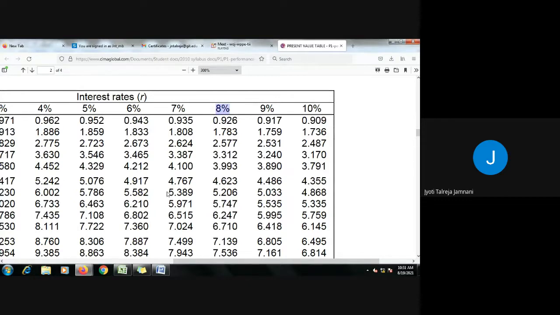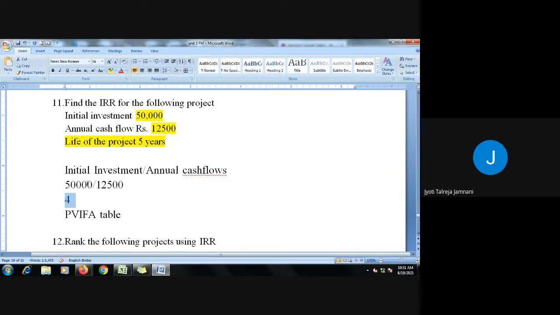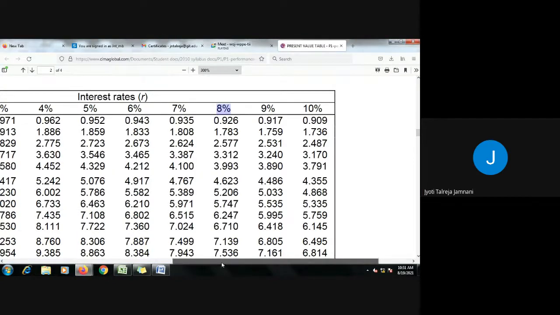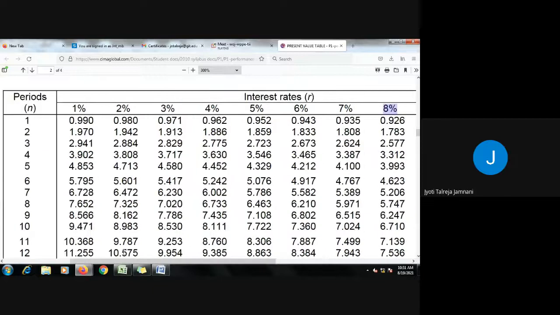Here we can simply do one step. You divide your initial investment by the annual cash flows and you will get a number. Search for that number in the table at whatever years it's given. If the project is for 6 years, I would have searched in the 6 year column where I'd get 4. Now it is a 5 year project, so in the 5 year column at 7 and 8% we are getting 4.